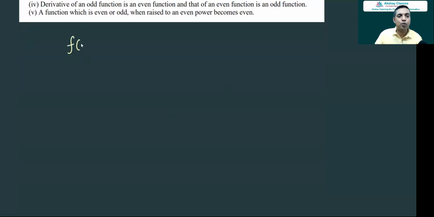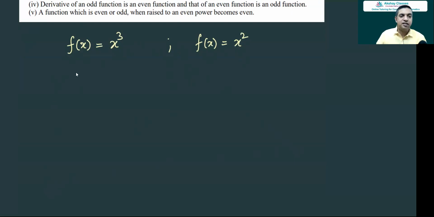Tell me, what is this function, even or odd? Please participate. Odd function, sir. Yes, it is an odd function. Very good. What is this function? Even function. Yes, this is an even function. So this is an odd function, this is an even function.